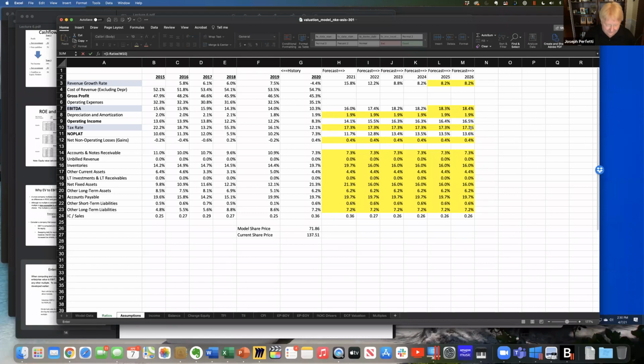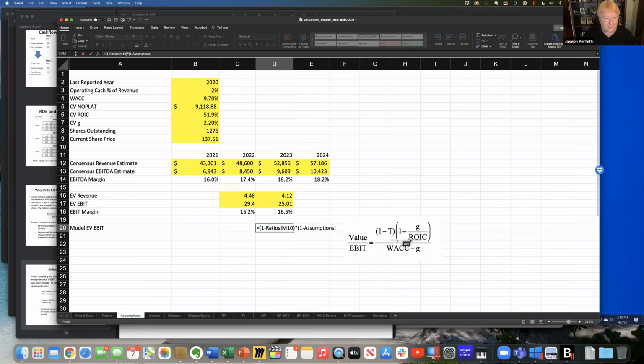Right paren, times left paren 1 minus, as I can see right here next on the assumptions, the G over the ROIC. The G is B7 divided by the ROIC, which is B6, right parentheses.